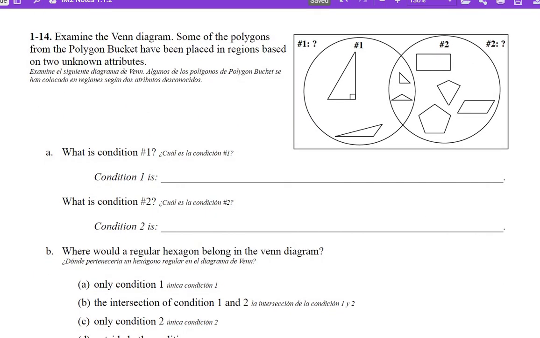Okay, problem 1-14. We examine the Venn diagram. Some of the polygons from the polygon bucket have been placed in the regions based on the two unknown attributes. What do we think condition 1 is? What do we think condition 2 is? Let's take a look. So for condition 1, the first thing I notice is that they're all triangles.